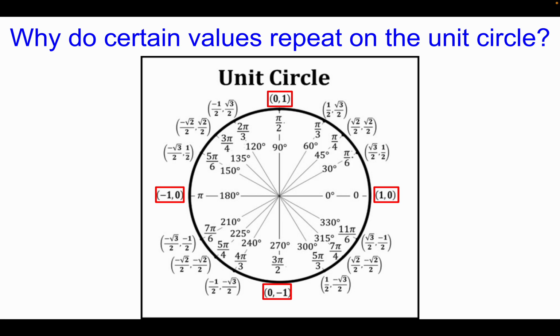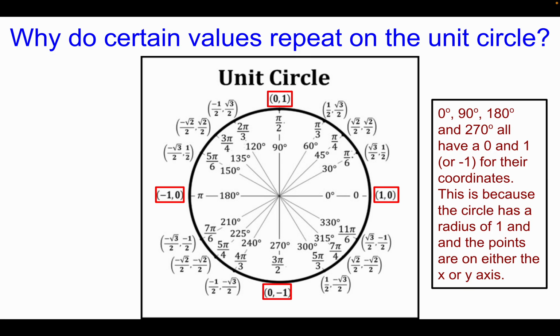You'll notice that if you pick a point either to the right, top, left, or bottom on the unit circle, so that's at 0 degrees, 90 degrees, 180 degrees, and 270 degrees, all of those degree measures, the point will have 0 or 1 for their coordinates, right?